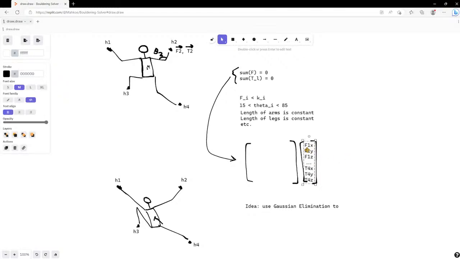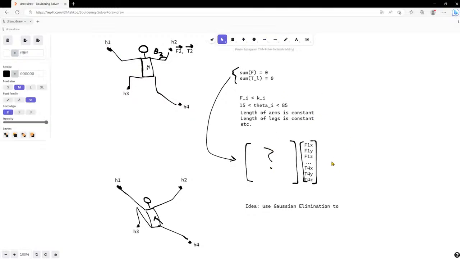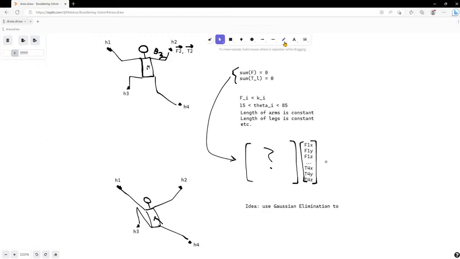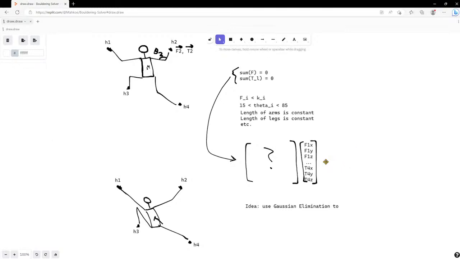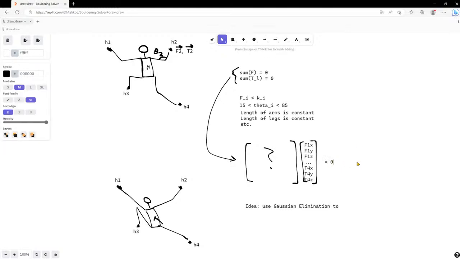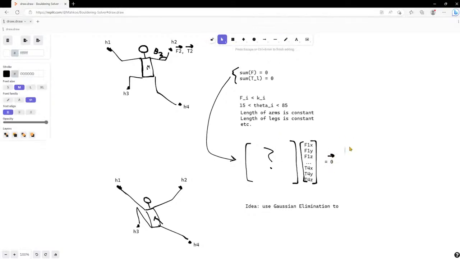Right? We're going to have some matrix times our things that we're solving for, which is the forces and torques on each of the holds. It's just some matrix is equal to 0, right? Which I guess I could write like this. And this is going to have infinite solutions in the general case.